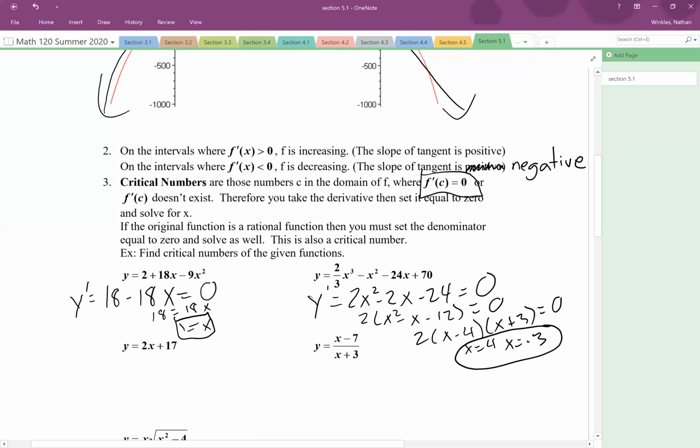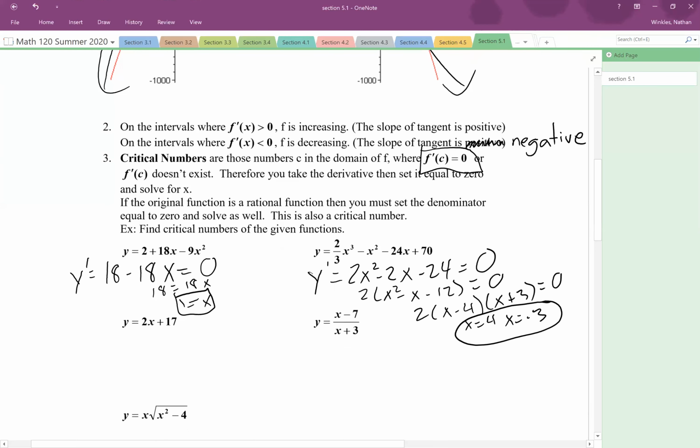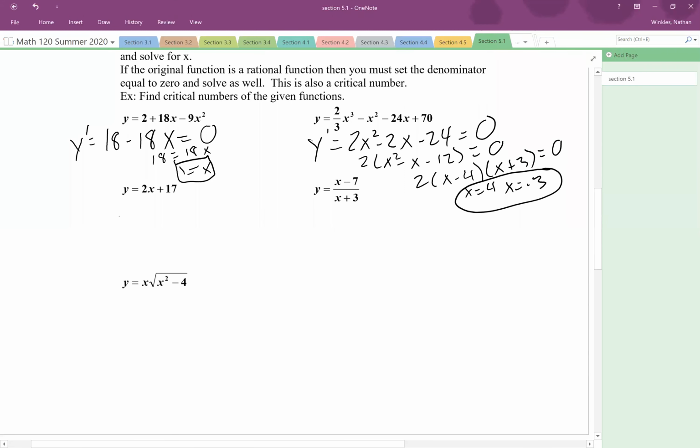So in this case, we have 2 critical values. Noticing a trend, whatever the degree of our original function is, we always have one less than that in terms of critical numbers. So y equals 2x plus 17, y prime equals 2. 2 is never equal to 0, so there are no critical numbers for this one.